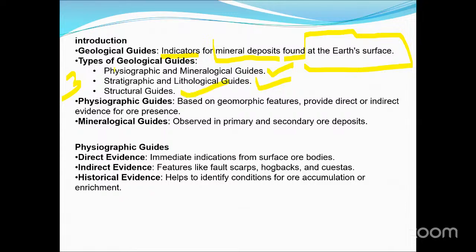These three come under the geological guides.